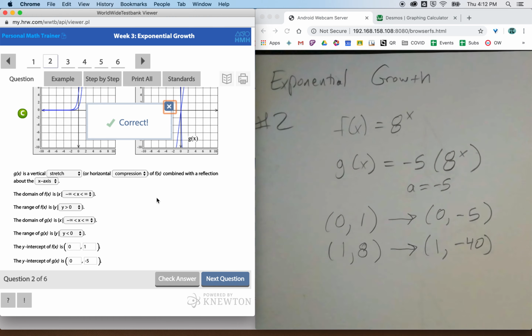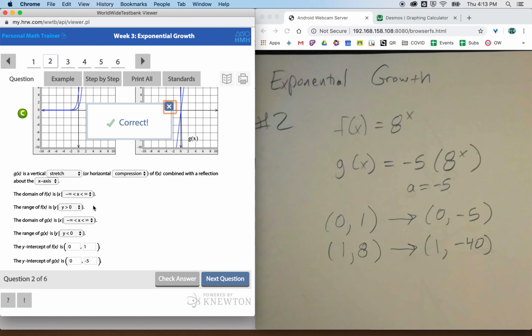Now here's what I noticed. Some people were getting their answer marked wrong, and my.hrw.com was saying there was something wrong with the y-intercepts, but there wasn't. So that's a bug in the system. I apologize for that. I have no control over that, unfortunately.